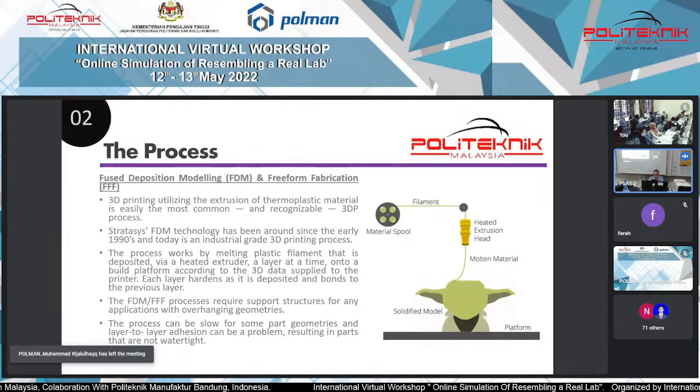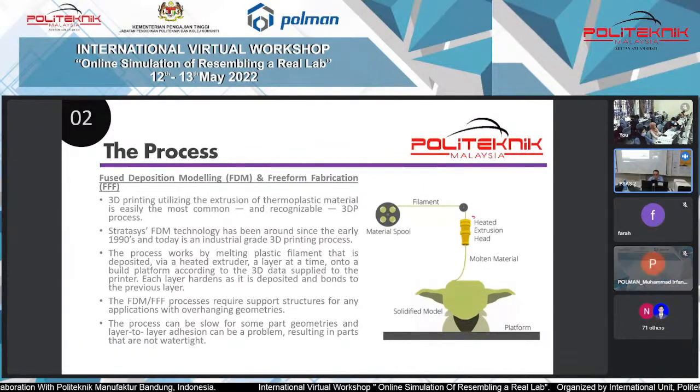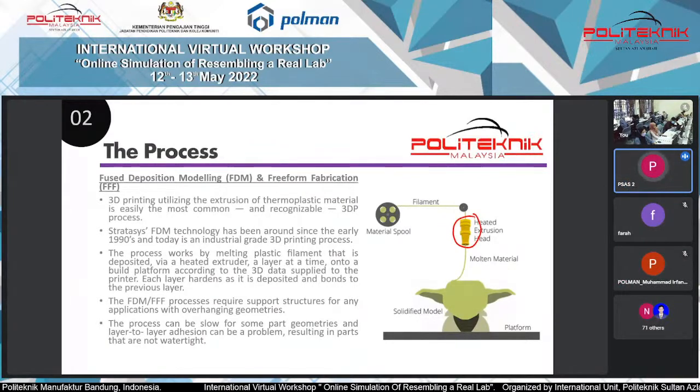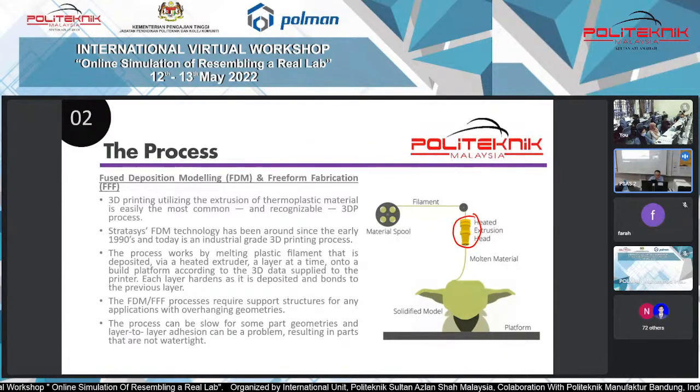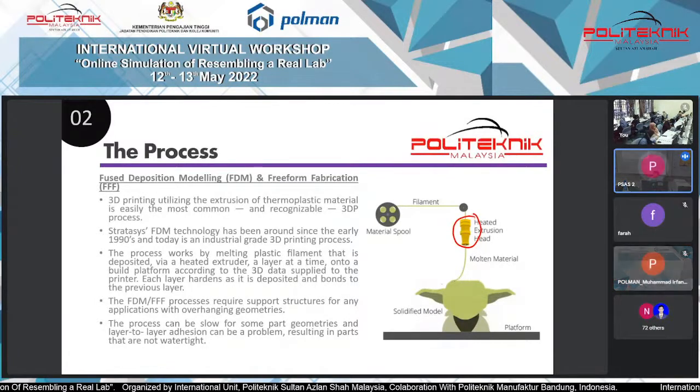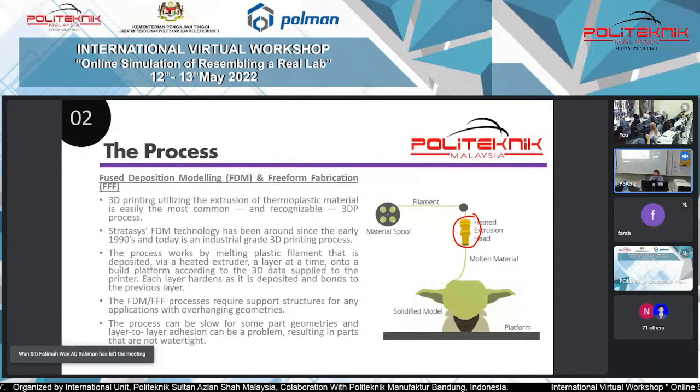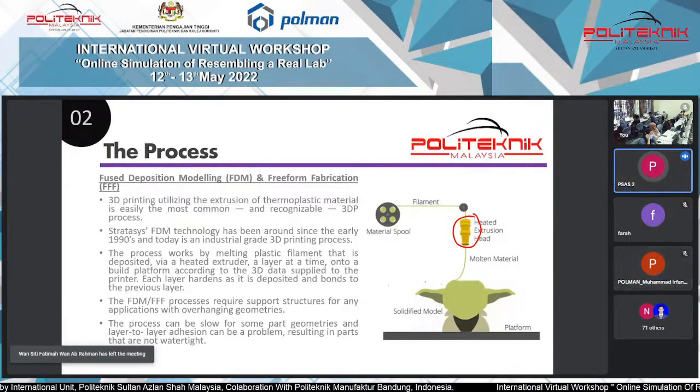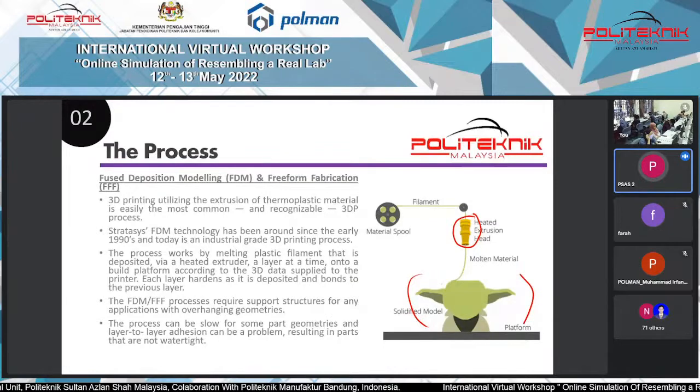If you can see in the figure, we have the filament, and then this print head is heated to a specific temperature, and the molten material, which is likely ABS or PLA polymer plastic, is deposited and fused layer by layer onto the platform. So it forms the solidified model as you can see in the figure on the right-hand side.